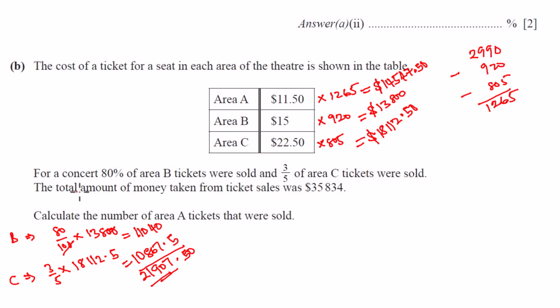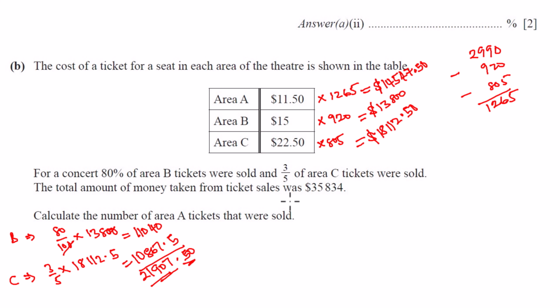They now said the total amount of money taken from ticket sales was this. We're almost done with this solution. The ticket sales for area B and area C resulted in this amount. But the total amount spent on tickets was $35,834. So we need to remove what we just got from the total amount.